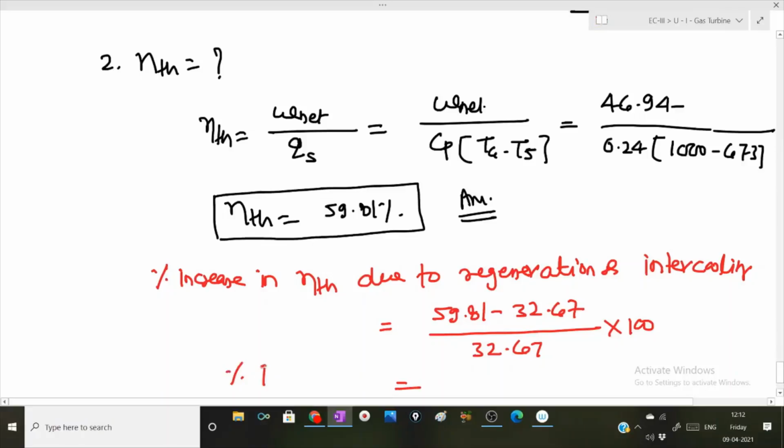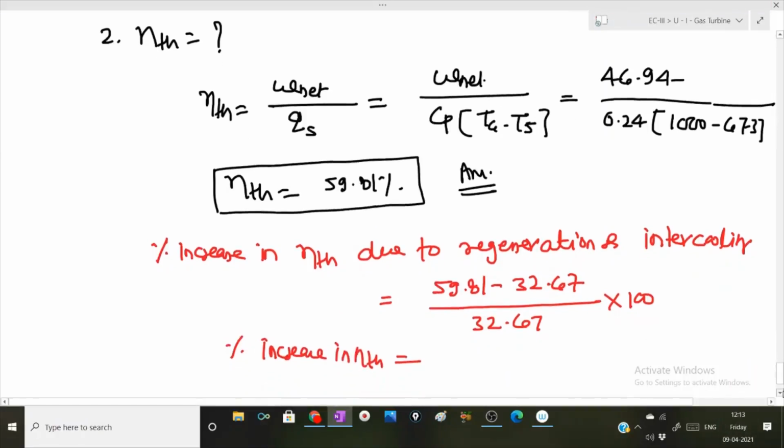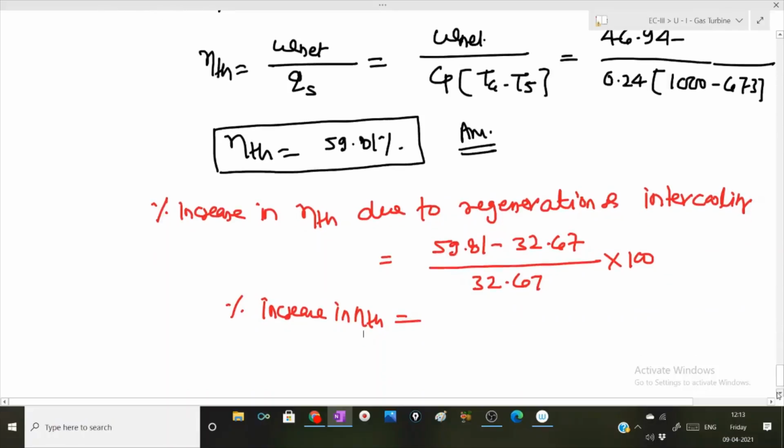So percentage increase in eta thermal will be 83.07. This is the required answer. So in this way we can solve this numerical.